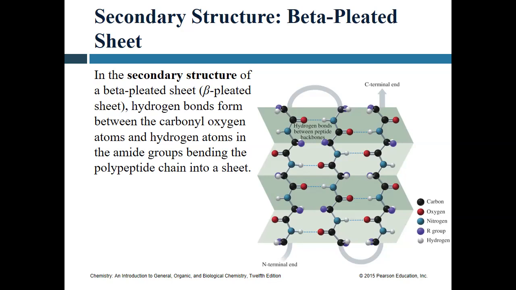You get that kind of accordion pattern. So you can think of it, the more you compress that accordion, the more interactions you're going to get between oxygens and hydrogens on one part of the sheet compared to the part of the sheet next to it.